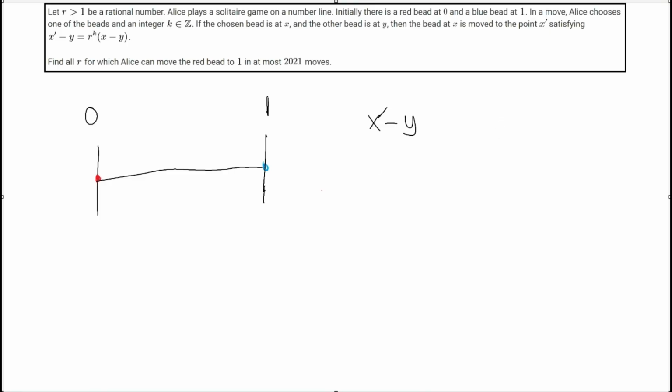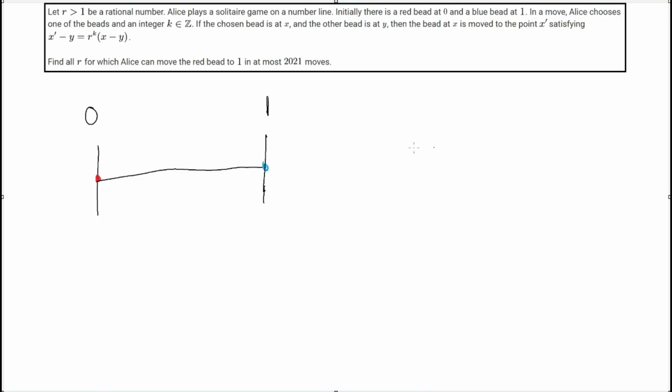So how can we get started on this problem? Well, the first thing that really stands out to us is this k here, because k can be anything. And when we keep varying the factor k that we use, we can just keep changing things as we wish.